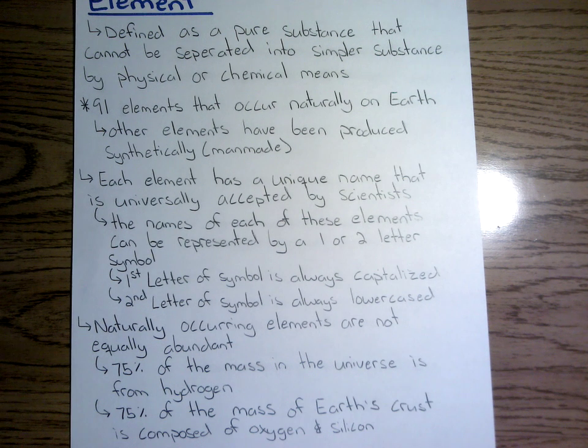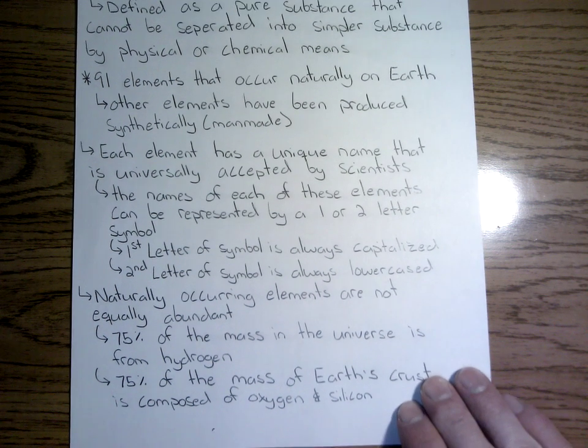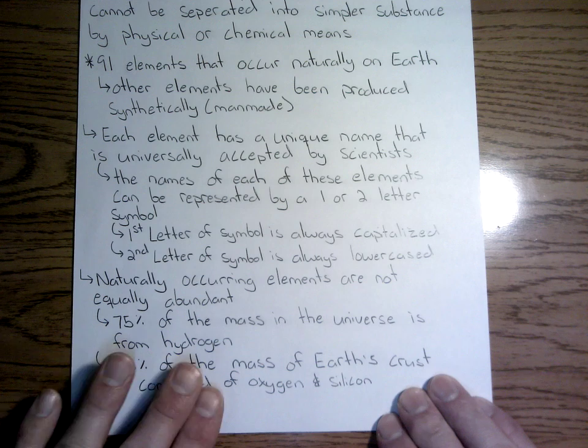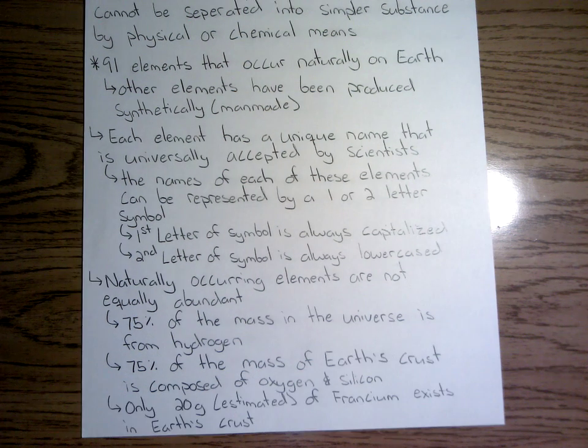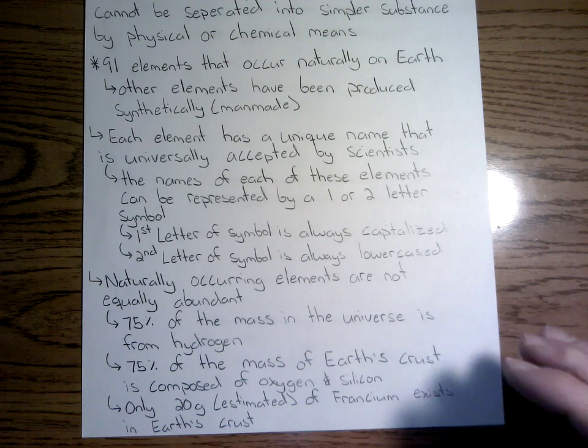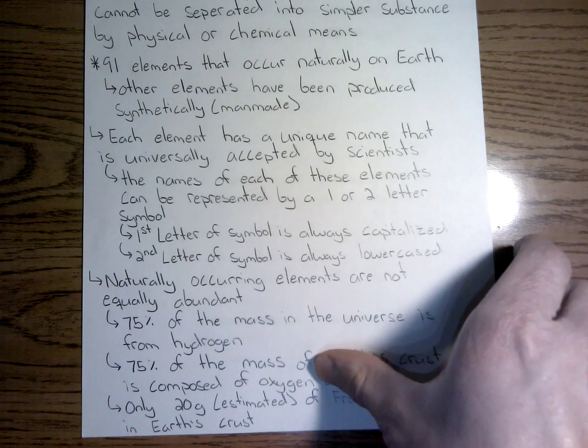And there's only about 20 grams estimated of francium that exists in Earth's crust. So the whole point of this is that even though we show these elements, they're not equally present across the universe.